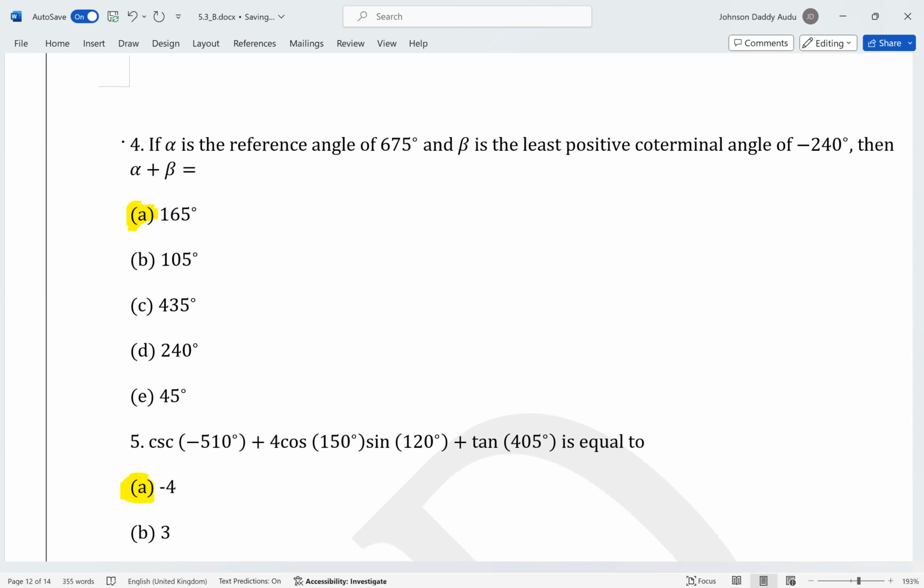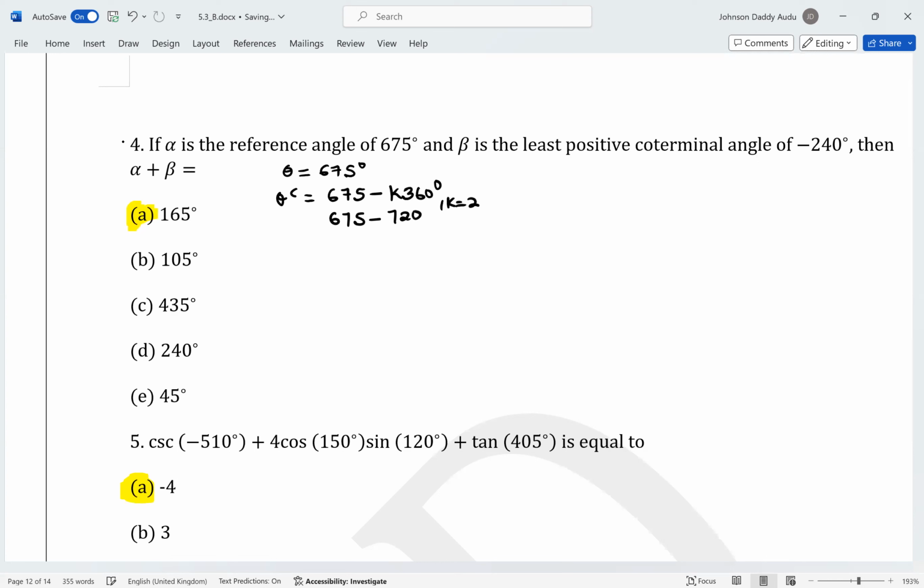So let's say our theta is this. How do you find the reference angle? First of all, you find the coterminal, because this number is bigger than what? 360. So you can see we have this minus k times 360, right? We can take k to be 2, but if you take k to be 2, it's going to be negative.